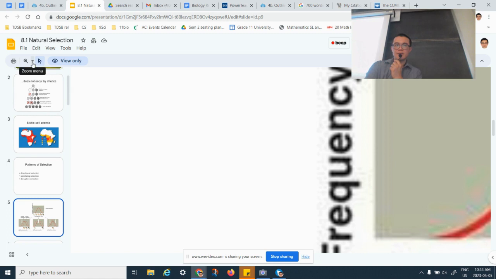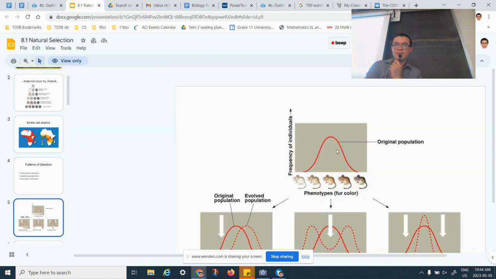Most of the individuals will be near the average of whatever it is. In this example, we're talking about fur color for mice. Most of them will be on the medium, average color, and the extremes, very dark or very light fur, would be less. So this is what we call the bell curve or normal distribution curve.